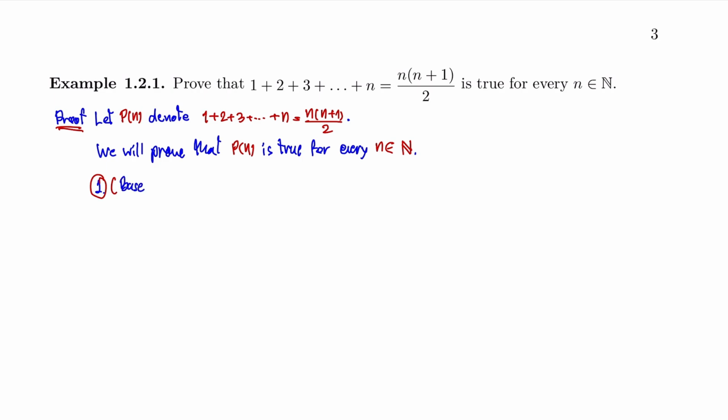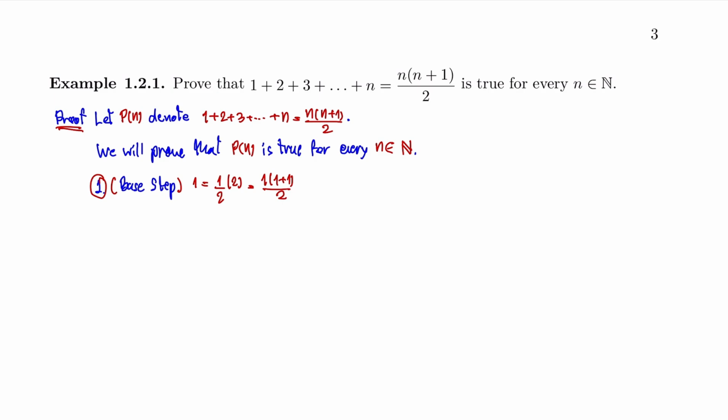So we start with the first step, which is the base step. What is the base step? Let n be 1. And we know that 1 equals 1 over 2 times 2, which is 1 times 1 plus 1 over 2.